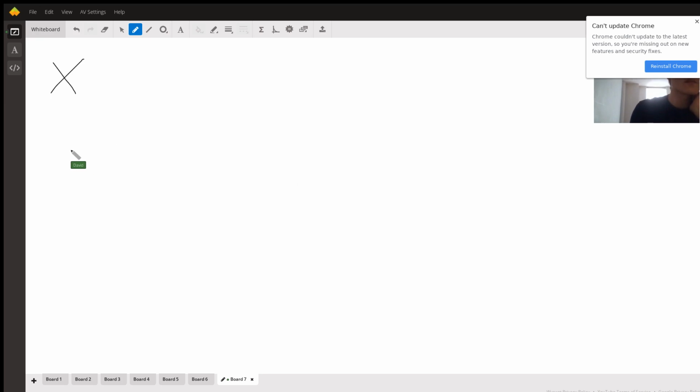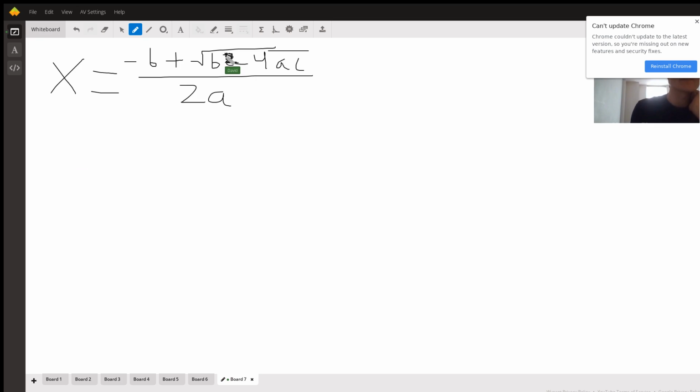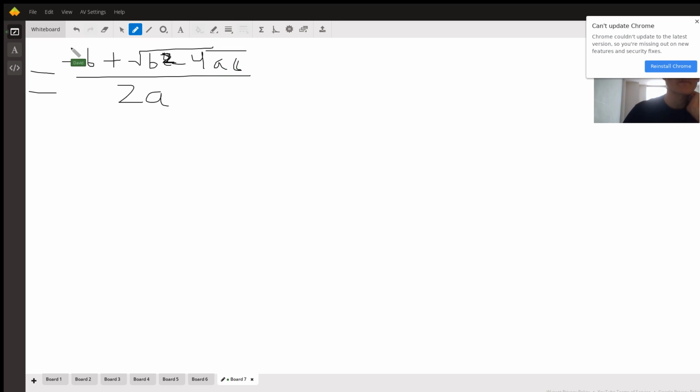Well, the solutions are negative b plus the square root of b squared minus 4 times a times c, over 2 times a.